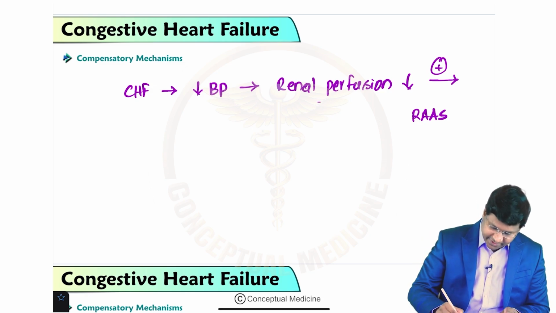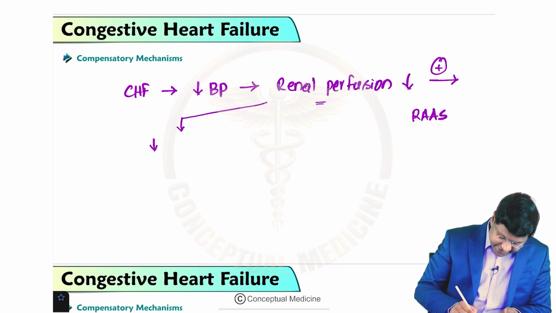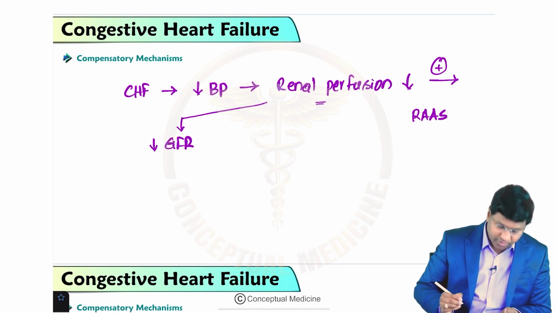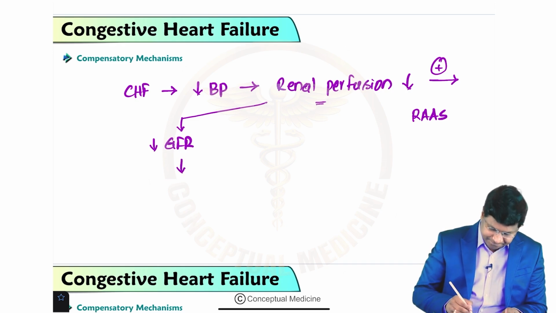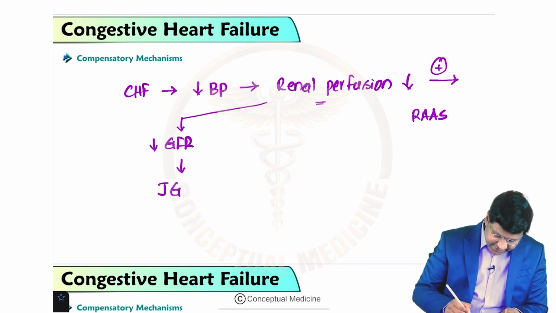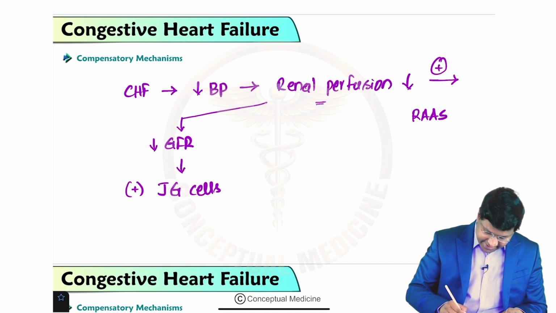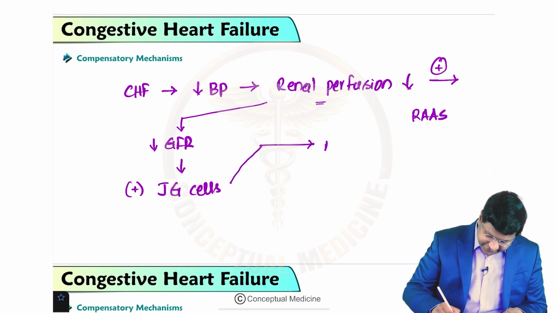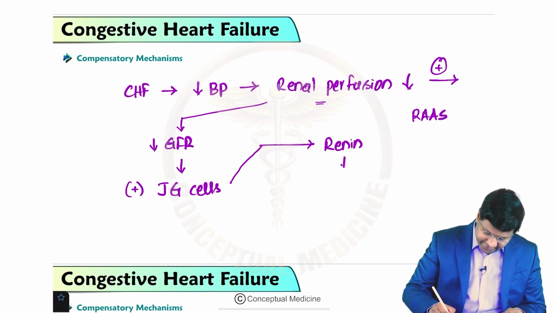Remember, there will be a decrease in the GFR, that is, glomerular filtration rate. Now once there is a decrease in the GFR, the JG cells get activated, and these JG cells will release renin.